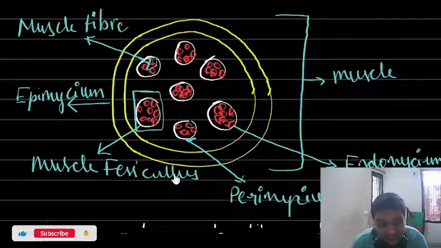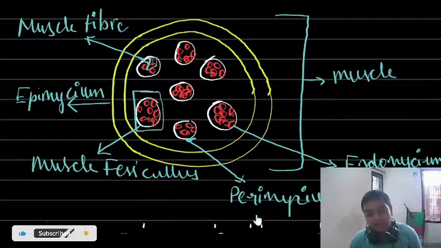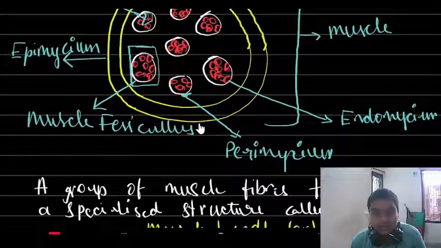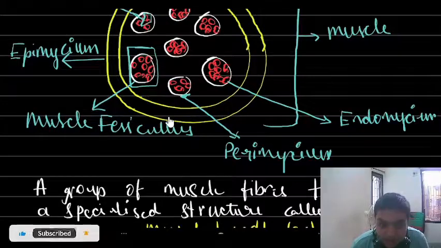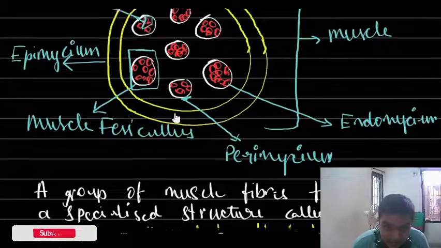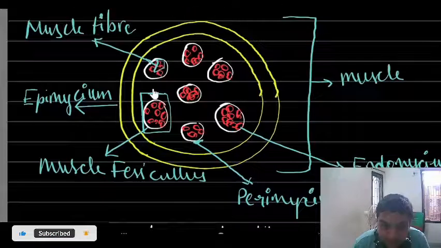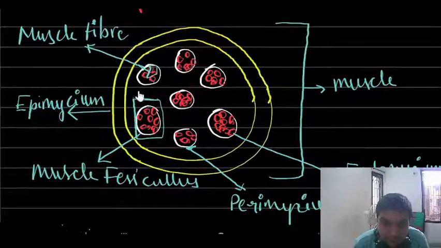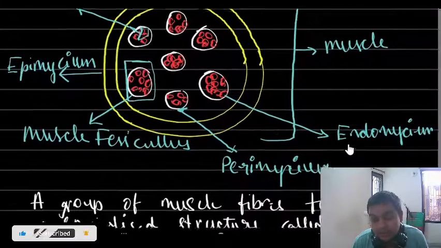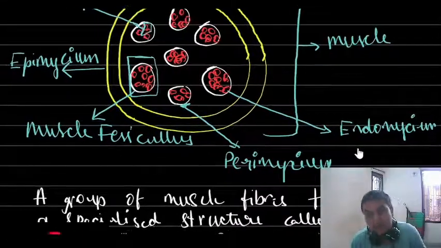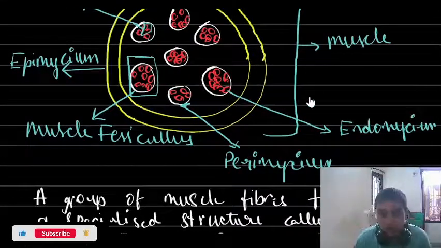These muscle fasciculi are covered by perimysium. I already told you in the introductory part. See, the white color boundary is the perimysium, here the yellow color boundary is the epimysium, and each muscle fiber in the muscle fasciculus is covered by endomysium. Hope you got it.